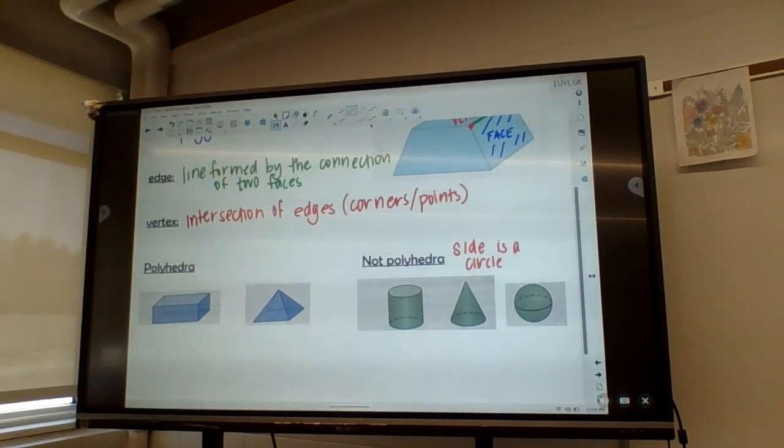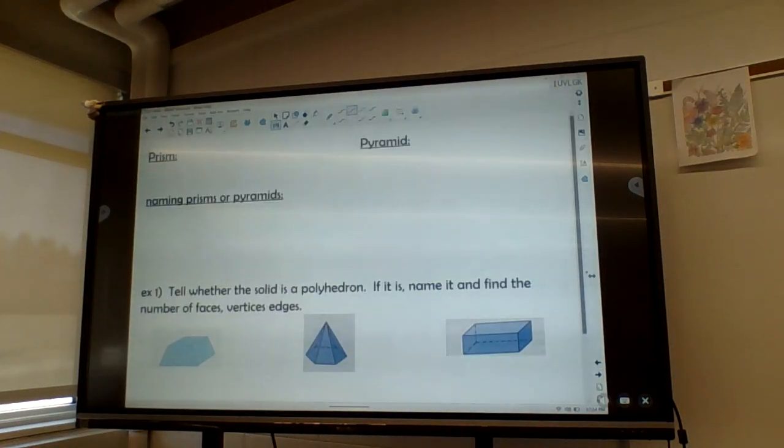All right, so our next terms. A prism, and we'll talk more about a prism tomorrow, but a prism is formed by two parallel faces.